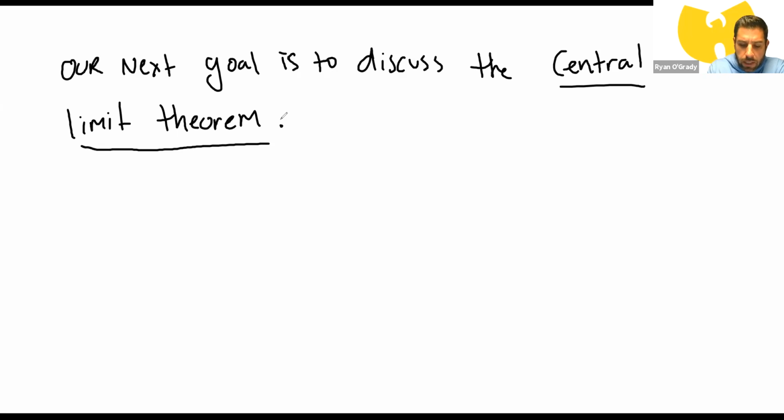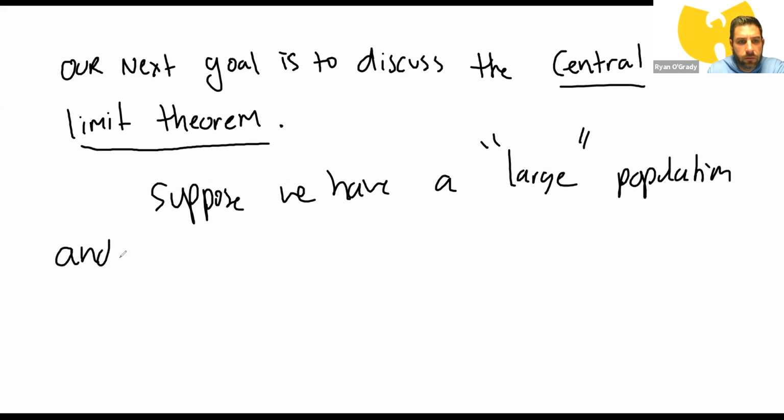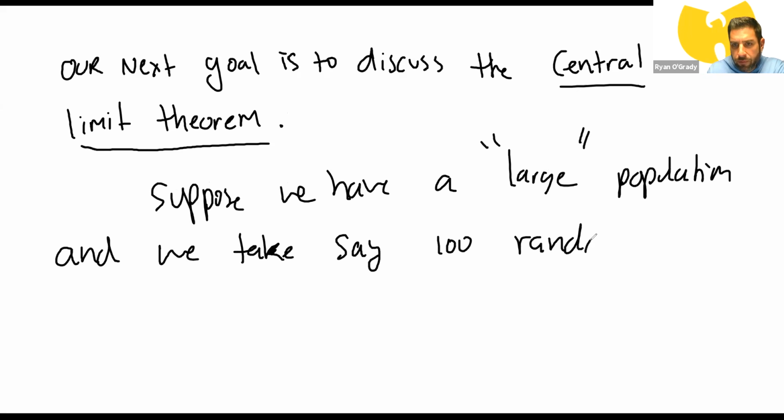So here's an idea. Suppose we have a large population. Whatever large means, we'll put it in quotations. And we take, say, 100 random samples of our population.